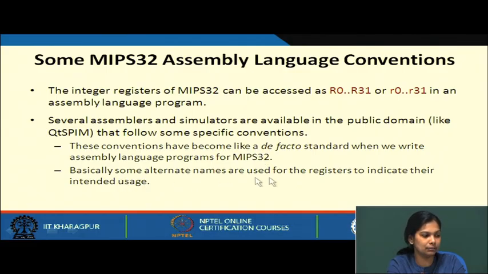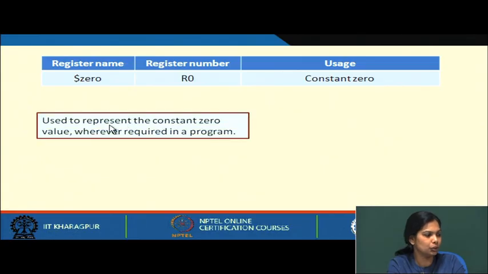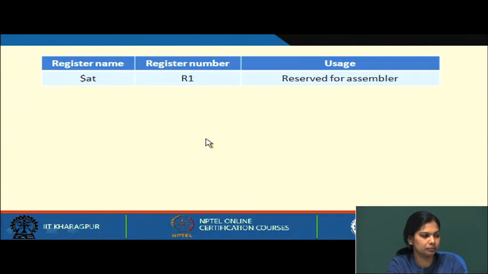Basically, some alternative names are used for registers to indicate their intended use. Register 0, R0, is a constant 0. The register name used is $0, to represent the constant 0 value whenever required in a program. The register at is reserved for an assembler.